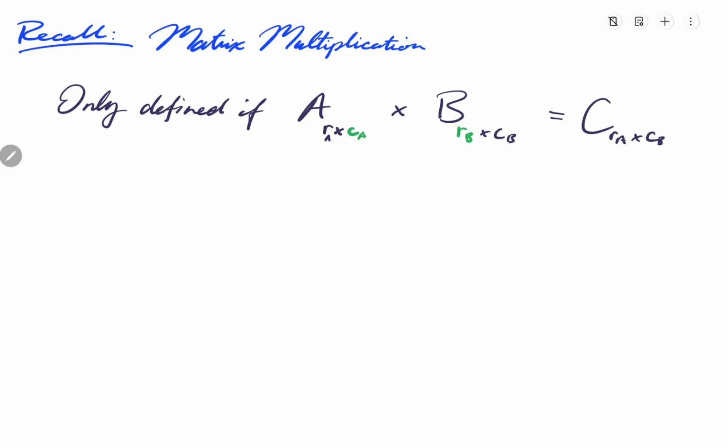So once you have established that, another thing you can notice is that the number of rows in the first matrix and the number of columns in our second matrix will end up being the dimensions of the product. So the number of rows in our first matrix and the number of rows in the product will be the same. Also, the number of columns in the second matrix will be the same as the number of columns in our product matrix.